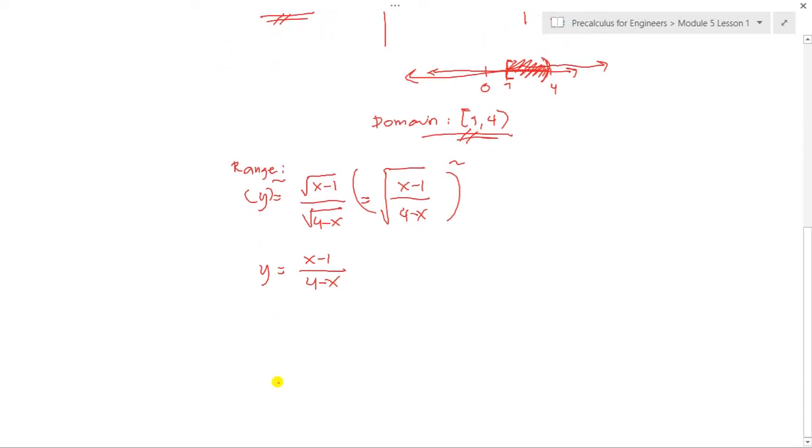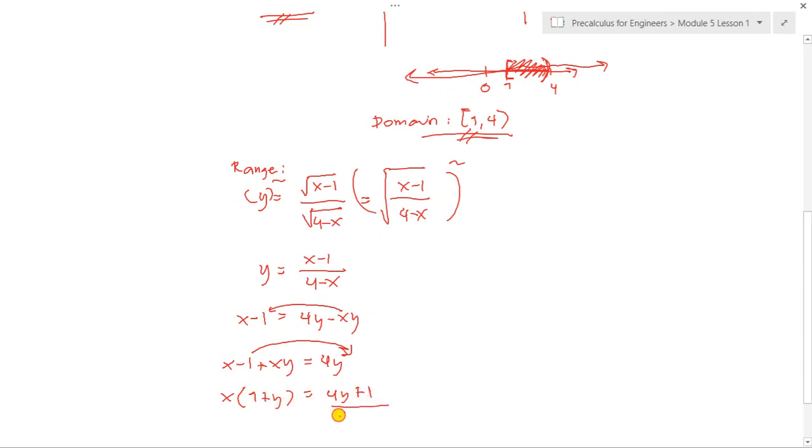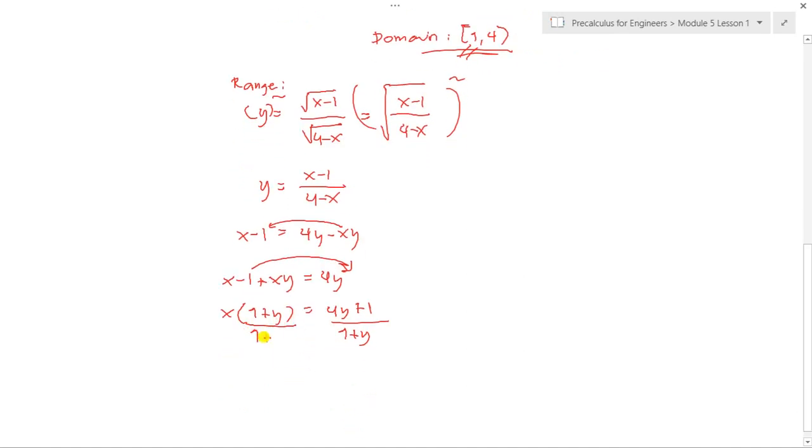Then solve for x. So we have here x minus 1 is equals to 4y squared minus xy squared. Transpose the x on the other side. So you now have x minus 1 plus xy squared is equal to 4y squared. Then ang negative 1 pa rin ibalhin nga to. So we now have x times 1 plus y squared is equals to 4y squared plus 1. Divide by 1 plus y squared para makancel.